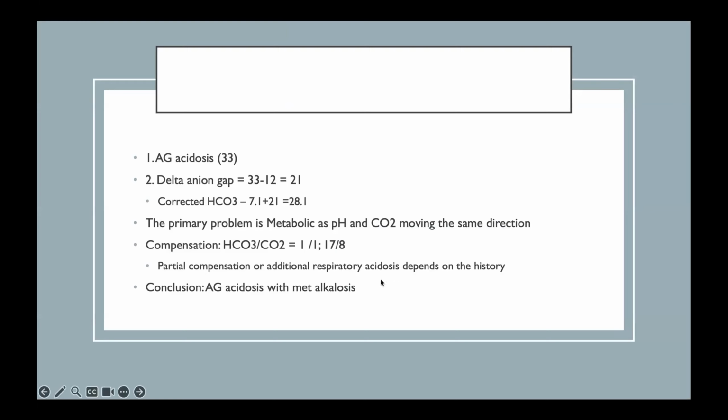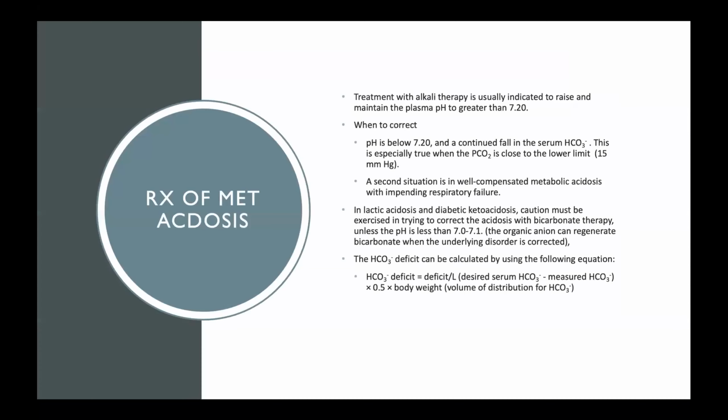Let's say a few words about treating metabolic acidosis, which is a common problem we encounter. Treatment with alkali therapy is usually indicated to raise and maintain the plasma pH to greater than 7.2. Only if the patient's pH comes down below 7.2 should we consider treating.